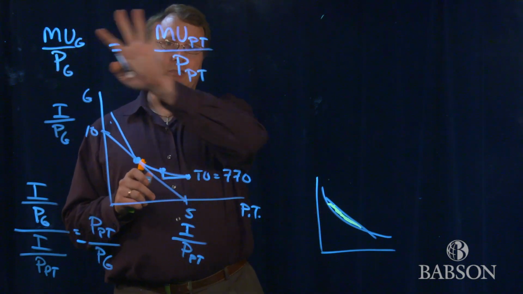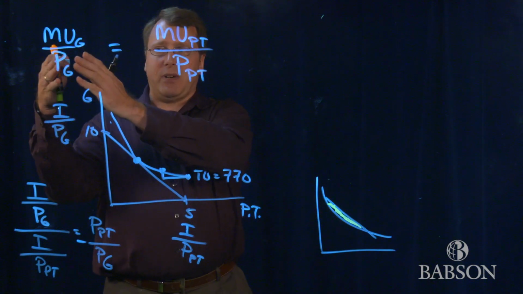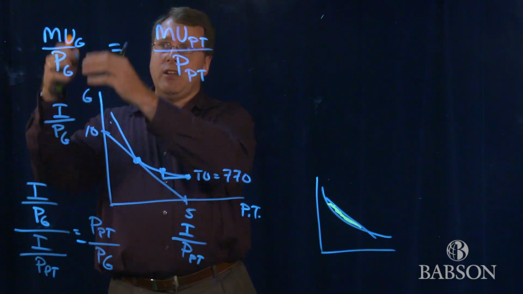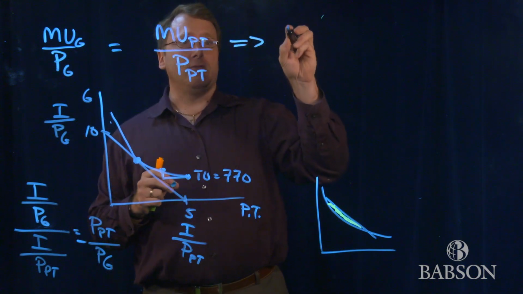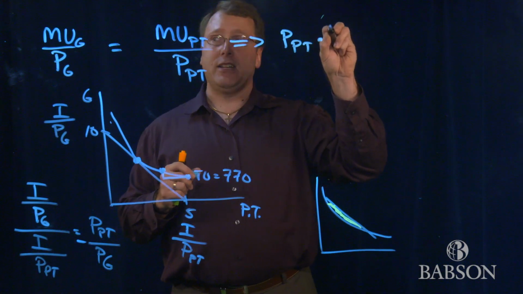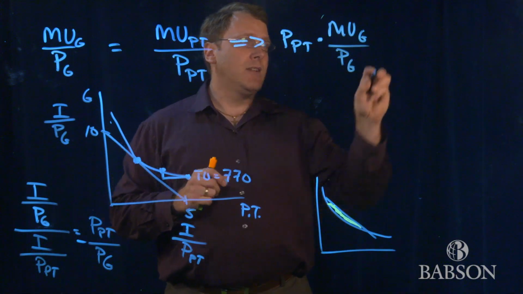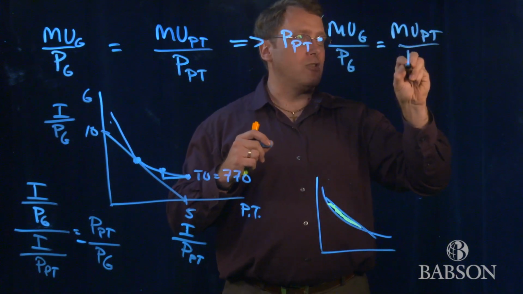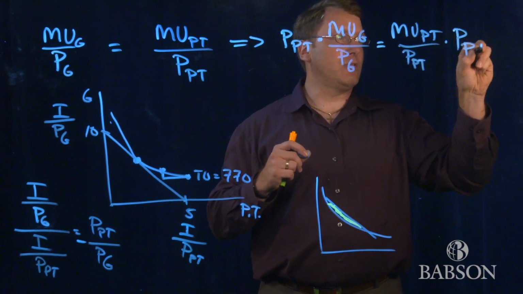So as we take this expression, we can just rearrange it a little bit. In fact, if we multiply both sides by the price of, say, Pop-Tarts and move it over here, and then use marginal utility and move it over there, we take the price of a Pop-Tart, multiply it by the marginal utility of granola divided by its price, and then again we multiply both sides.